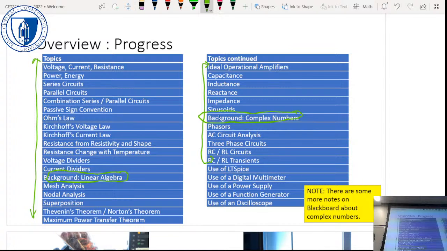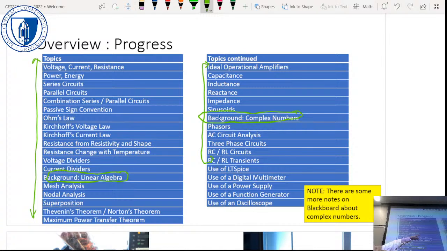No? Okay. So they're the 2 building blocks we need. Linear algebra, in order to do mesh analysis and nodal analysis. And complex numbers, again, we need once we start looking at capacitors and inductors.